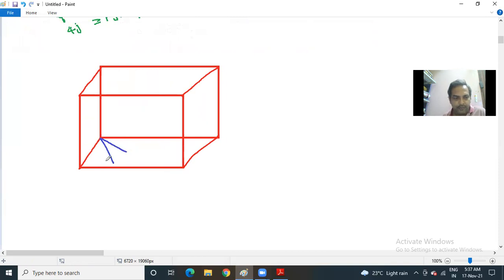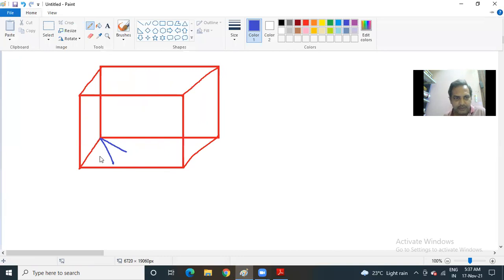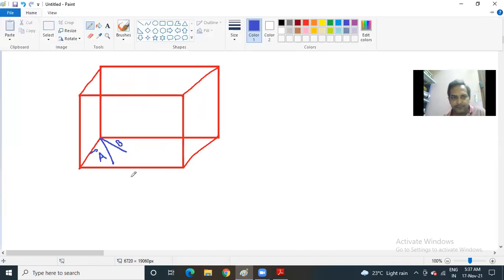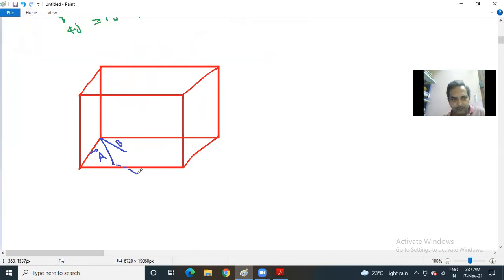So you have to construct a parallelogram once again. You draw a line parallel to this. Let's say this is vector A and this is vector B. Drawing a line parallel to this is going to be B, and drawing a line parallel to A is going to be A.